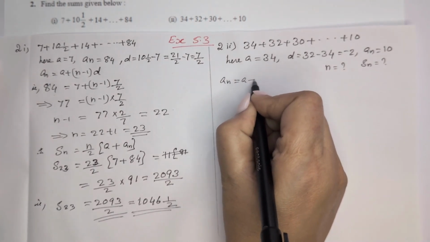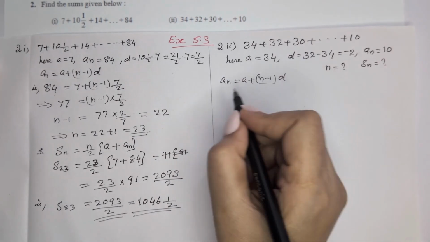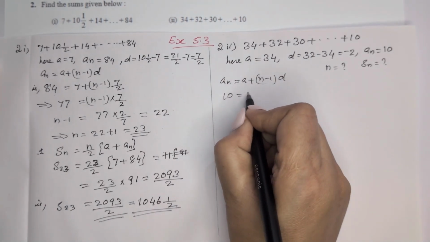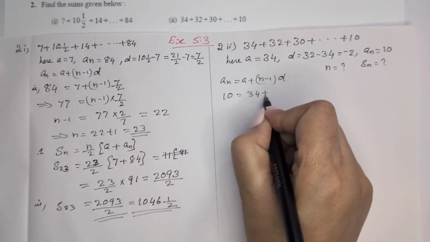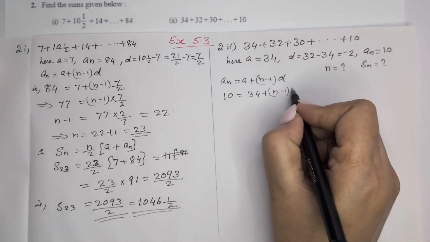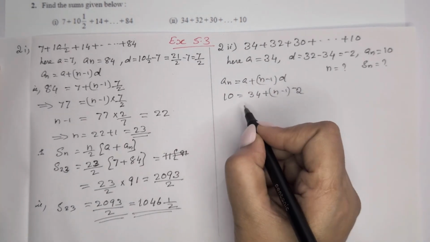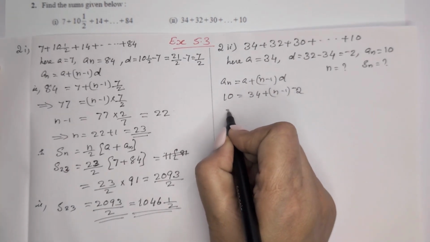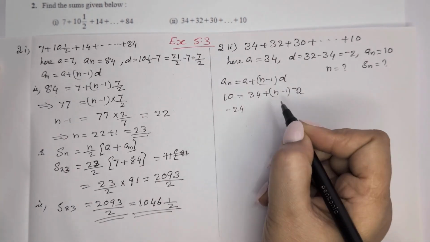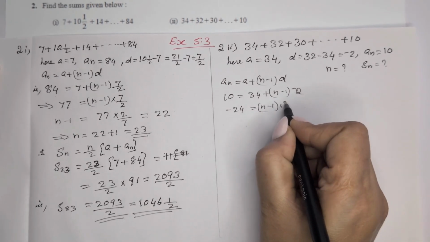an is equal to a plus n minus 1 into d. Here an is 10. 10 is equal to 34 plus n minus 1 into d, which is minus 2. Move 34 to the other side, then it will come minus 24 is equal to n minus 1 into minus 2.